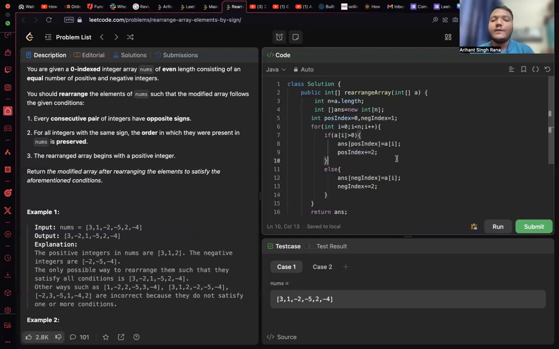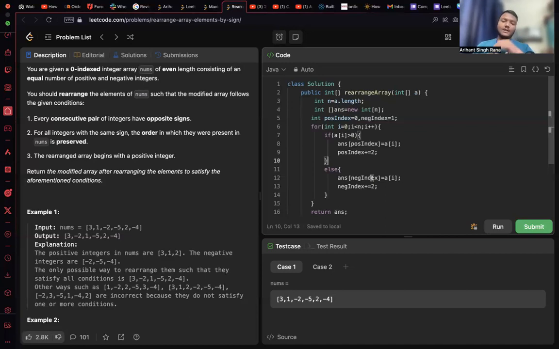Now similarly, if the first if condition fails, then we go to else, because if the current element at the ith index inside the array A is not positive, then of course it is a negative number. We will add that element inside our answer array with the help of neg index, which will store the current element we are iterating over at the odd places.